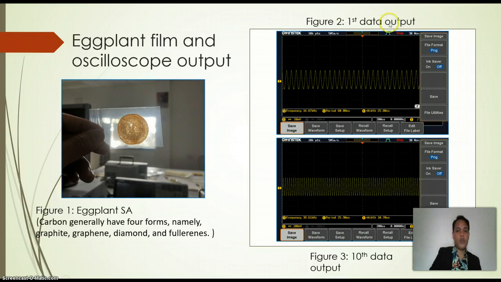This is the first data output, and this is the 10th data output. If you ask me why I chose only 10 data outputs, and not 50 or 100, we must understand that in order to make a pulsed Q-switch, the power must not fully penetrate the film. It will penetrate just once, in what we call a fully saturated state.